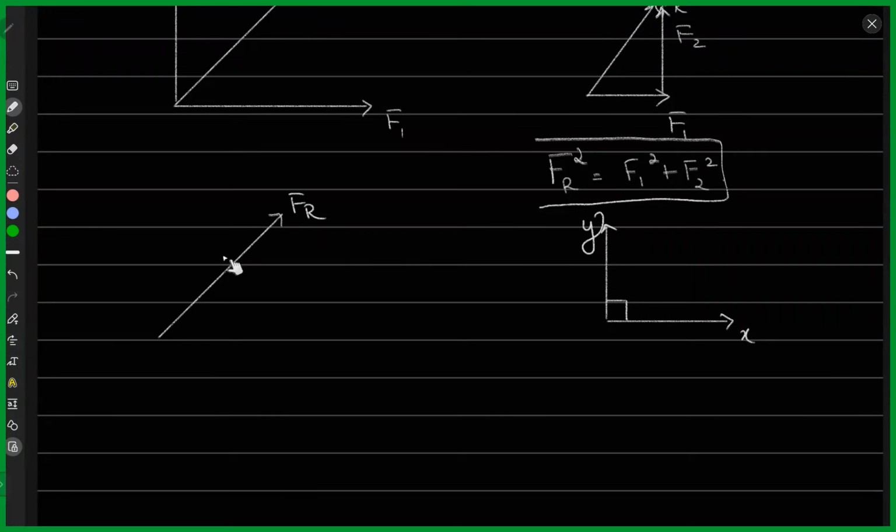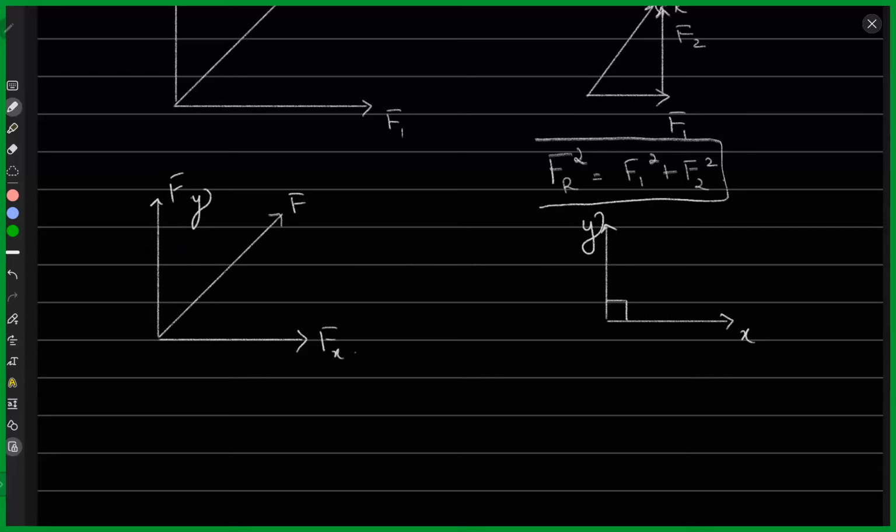Now I can divide this FR into those two parts. So I can break this and say that if this part is FRy, now I'll just ignore this R, right? For the sake of simplicity, it's understood that that's the resultant force. And then this thing is Fx, because this component of this force is along the x-axis and this one is entirely along the y-axis.